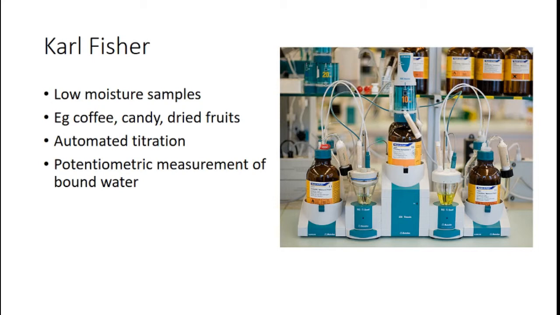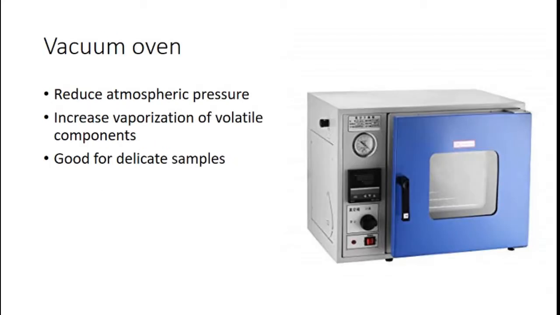And so we use a potentiometric method where iodine is being titrated and the potentiometry is being measured. Most Karl Fischer is now done using automated titration, and this perhaps will warrant a separate video at a later time. But be aware that not all products can be easily measured using the gravimetric method.